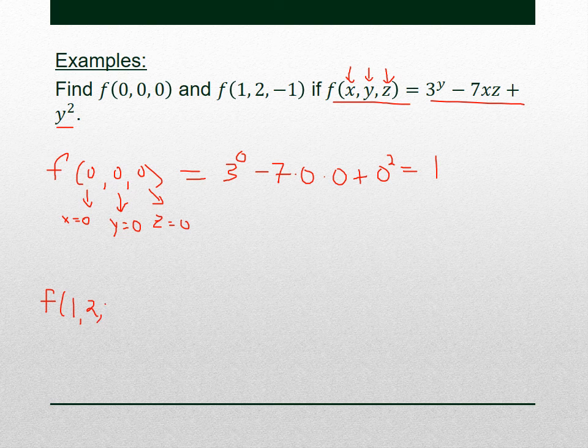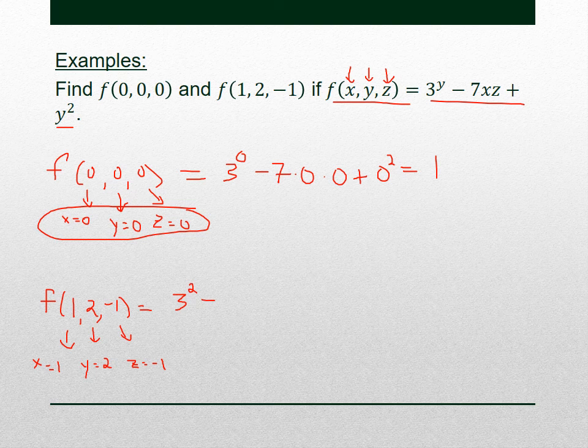All right, now let's find f of 1, 2, negative 1. So again, the first thing says that x equals 1. You do not have to write that part out, that's just whenever you're doing these on the homework and stuff. But the first guy says x equals 1, the second guy says y equals 2, and the third guy, that's what z is, so we're plugging in z equals negative 1. So what is 3 to the y?